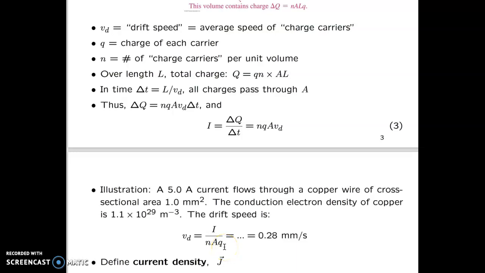You can look that up, that's a known number. Convert all those quantities, if they aren't already, to standard SI units, and you'll get this speed here. I guess after I do the calculation, I convert meters to millimeters. So it turns out the drift speed is 0.28 millimeters per second.